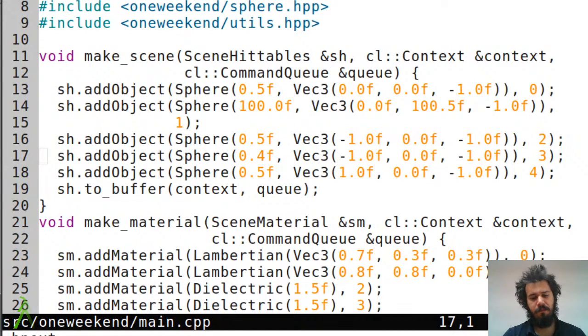I'll put down here c equals minus 1. Along it, no, something's wrong.